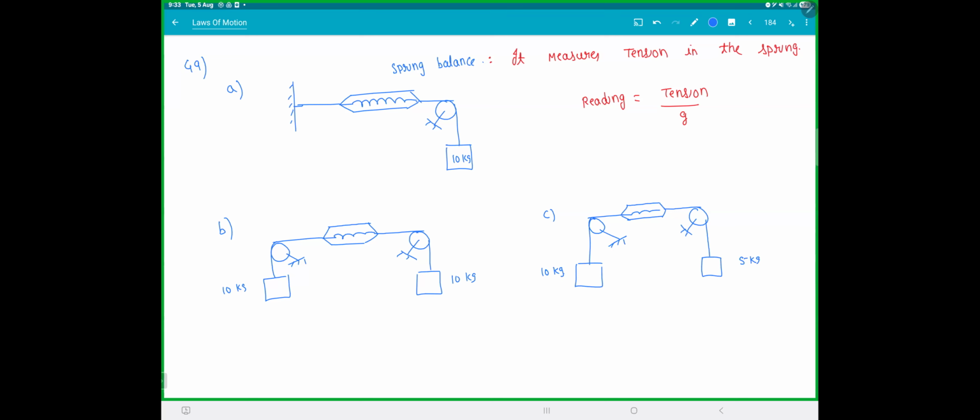There are 3 spring balances. What will be the reading of the spring balances? Be careful. If I ask you a reading, you're finding tension by G. What you measure and what you show are 2 different things. Let's get this. So as long as you know how to find the tension, you'll be able to handle this.